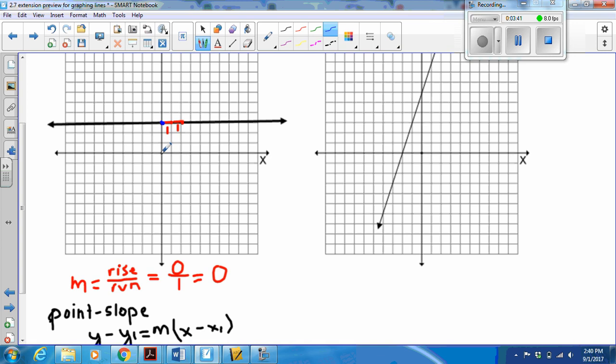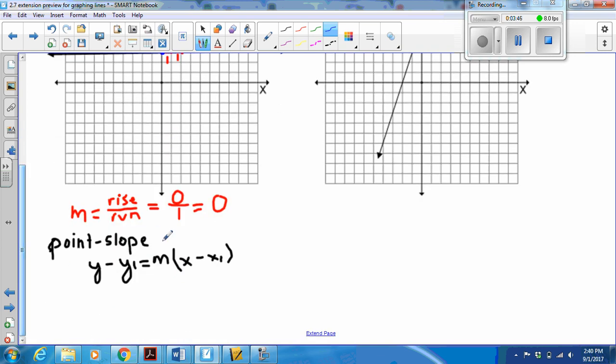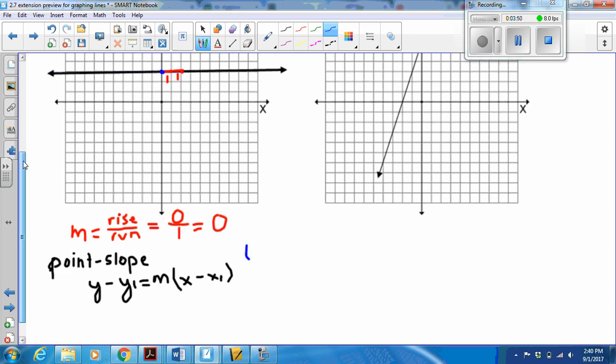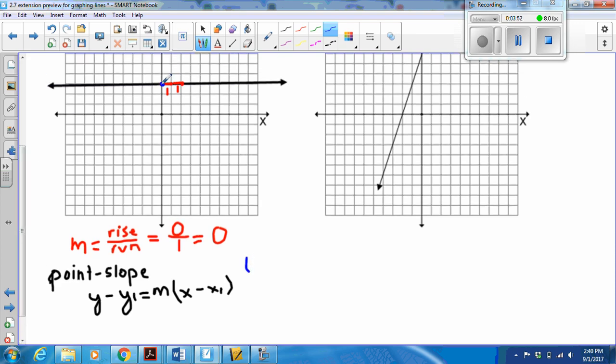We have to figure out what our x value and our y value are, so then we can plug it in. Because we don't go left or right, our x value is just 0. As for our y value, it looks like we go up 3. So our point here is 0, 3.